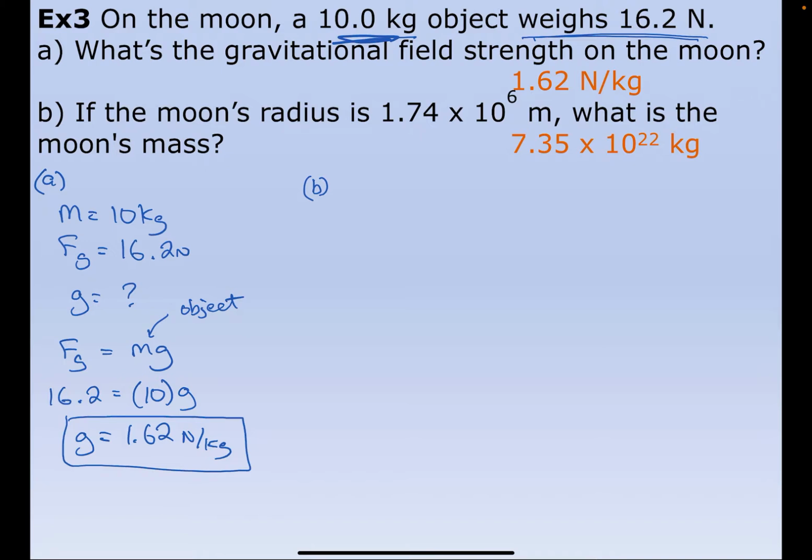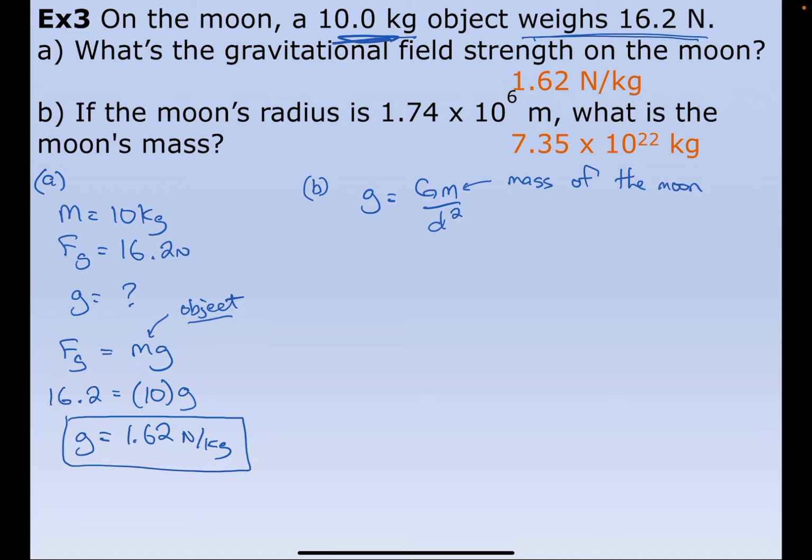What is the moon's mass? Again, probably a couple different ways we could do this one, but I'm going to use this one. And remember, when we said over here, this was the mass of the object. This one here is the mass of the planet or asteroid, or in this case, the moon.